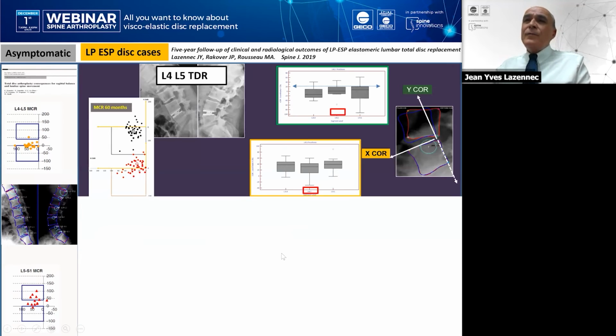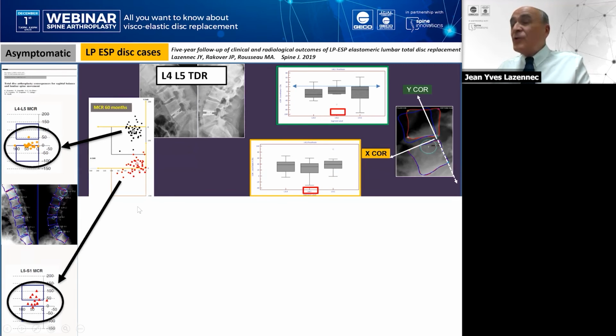Now, from a series we published in 2019, L4, L5 level. I can, of course, analyze the center of rotation regarding Y-axis and X-axis, but I think it is more interesting to look at the cloud of center of rotation. You have here for L4, L5, you see it's quite similar to the asymptomatic patient, and L5, S1 also.